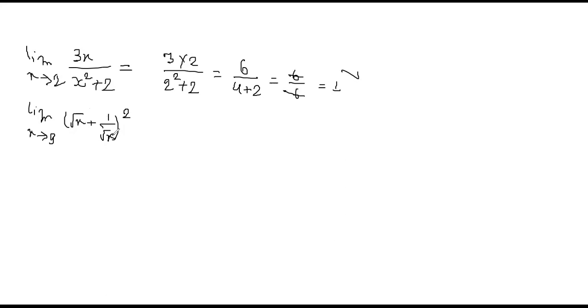Will your question paper be subjective or objective? I will check and let you know. If it is subjective, then you have to explain as in the previous question, with h, minus h. Otherwise, if it is objective, then you can put the value directly. Now tell me the answer of this question.